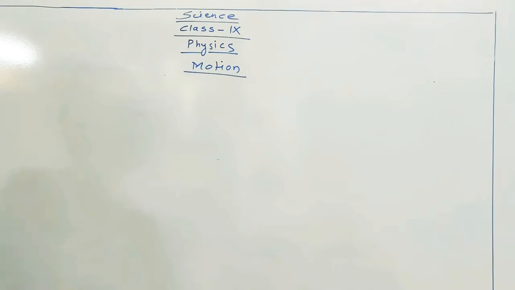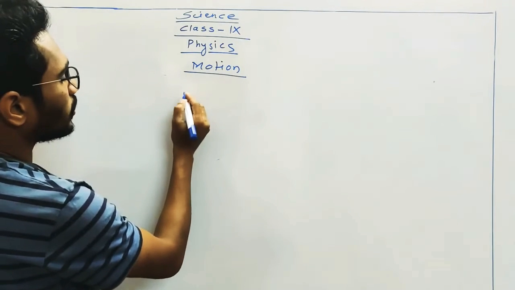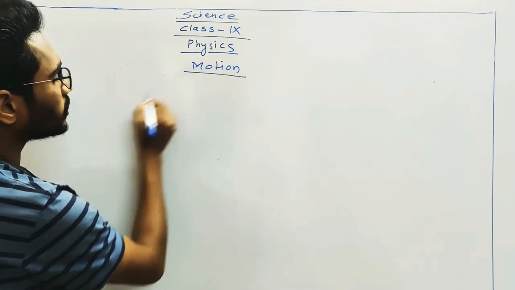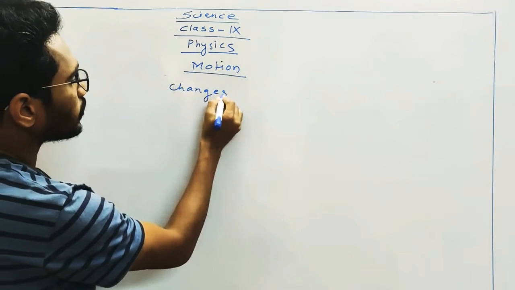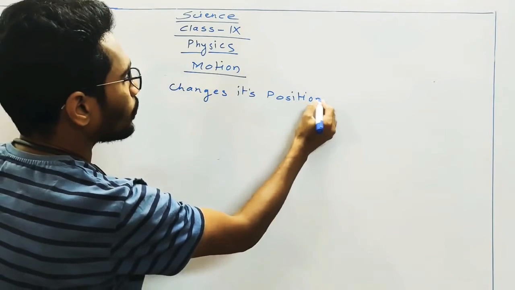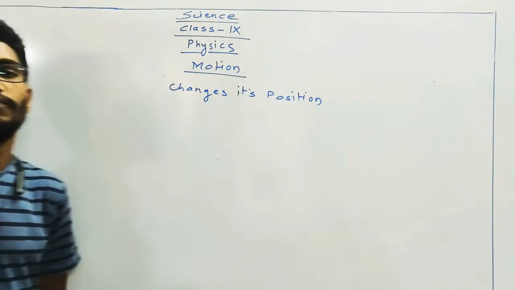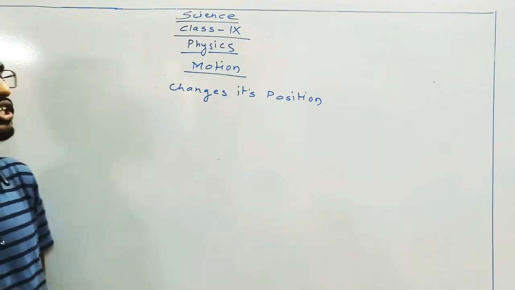Okay. So from motion, the first thing we are going to learn is what is meant by motion. When we think about motion, the thing in our mind is that motion is nothing but if any object changes its position. If any object changes its position, then we come to know that that object is in motion.